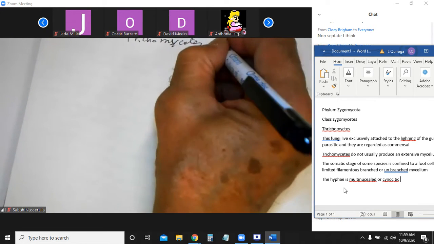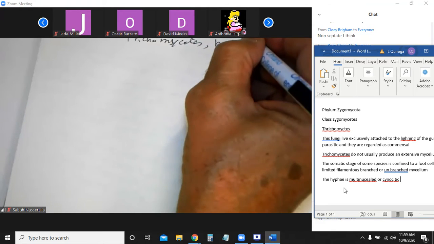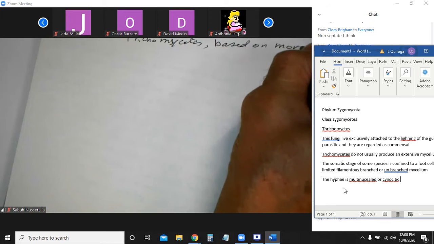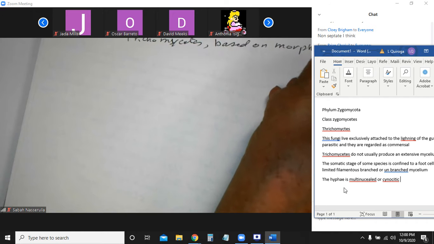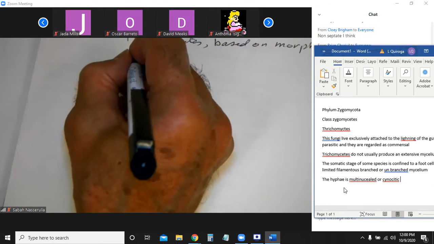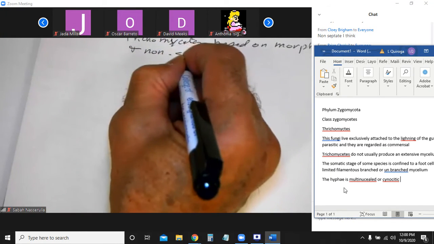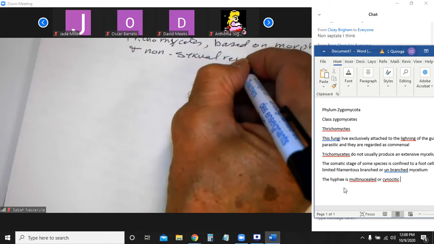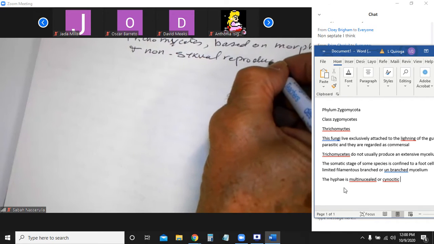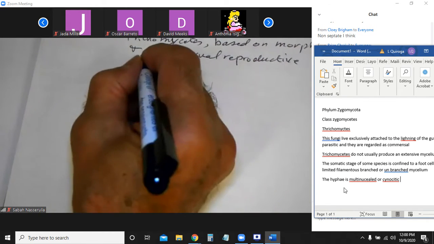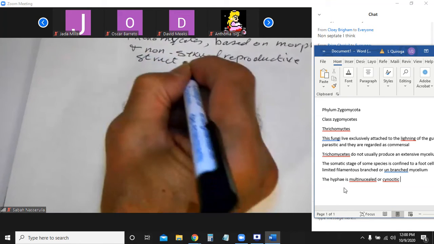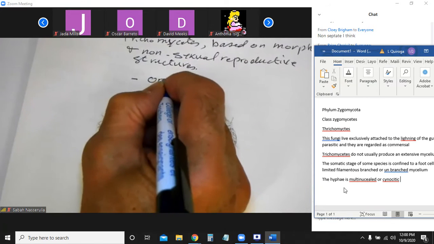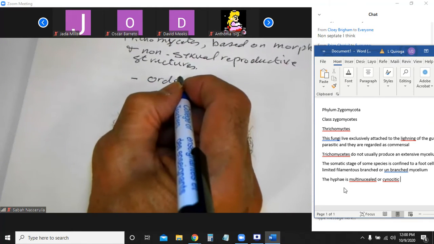And these orders, their classification, is based on morphology and non-sexual reproductive structure. We have one order known as Asellariales.